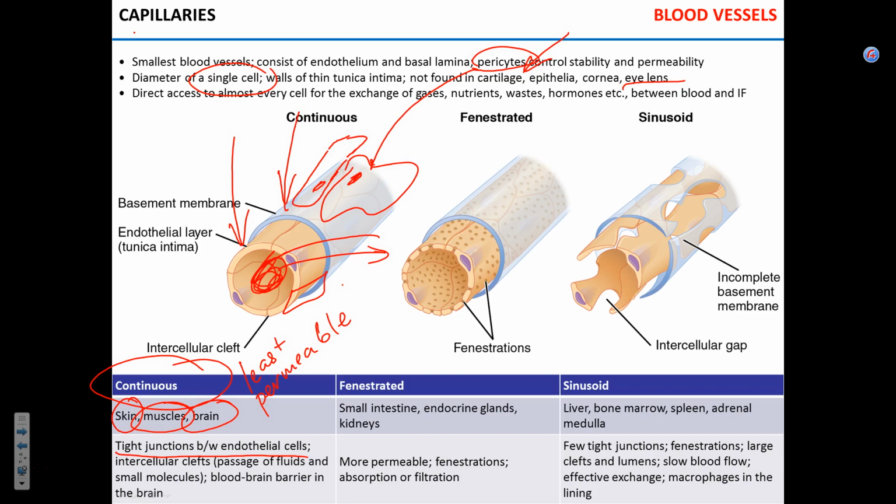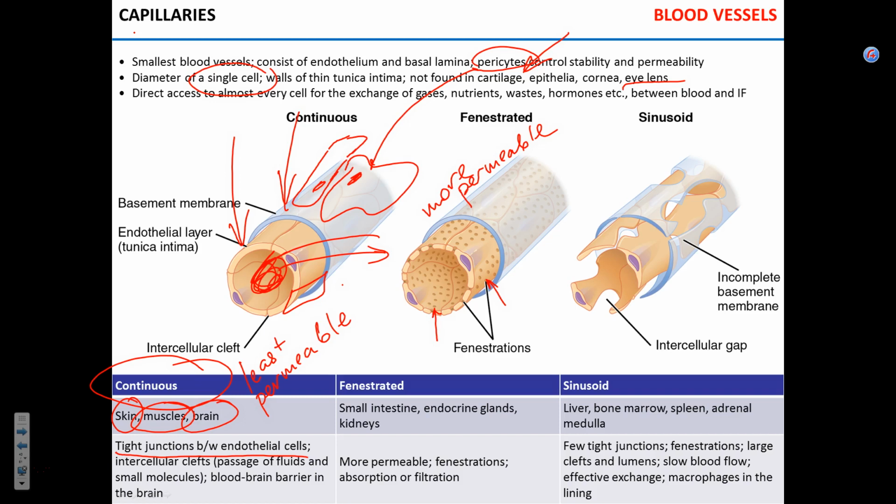The more permeable type is fenestrated capillaries. Those little dots in the endothelial cells are called fenestrations, from the Latin fenestra. I know that in French it's fenêtre.